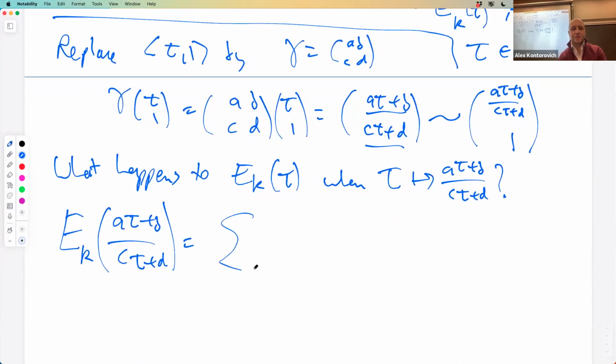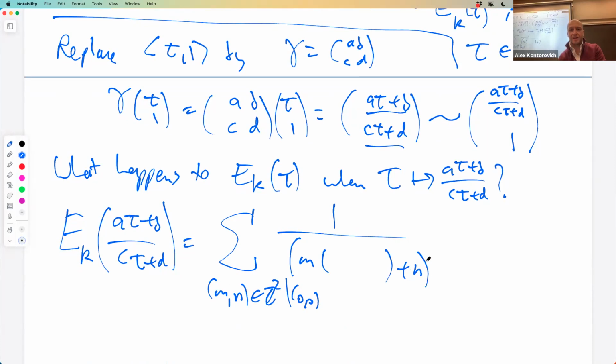It's a sum over all integers m and n, except for 0, 0, of 1 over m tau plus n to the power k, and tau is replaced by A tau plus B over C tau plus D. So far, so good.